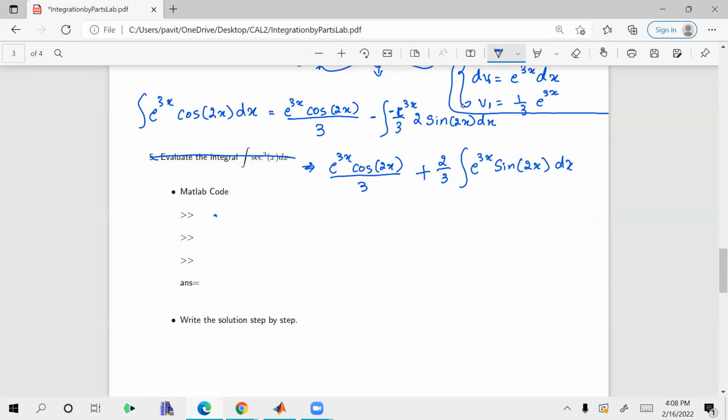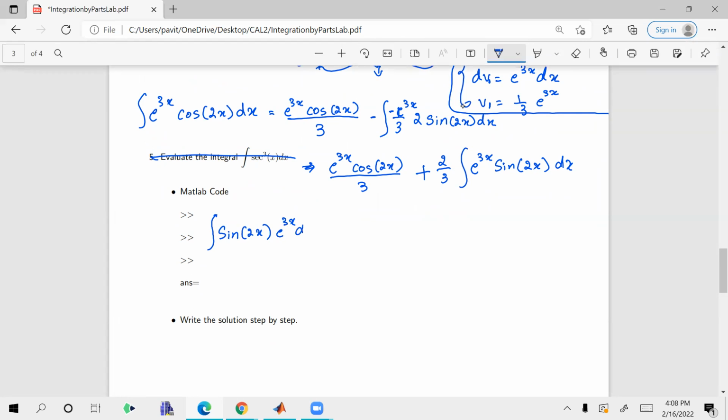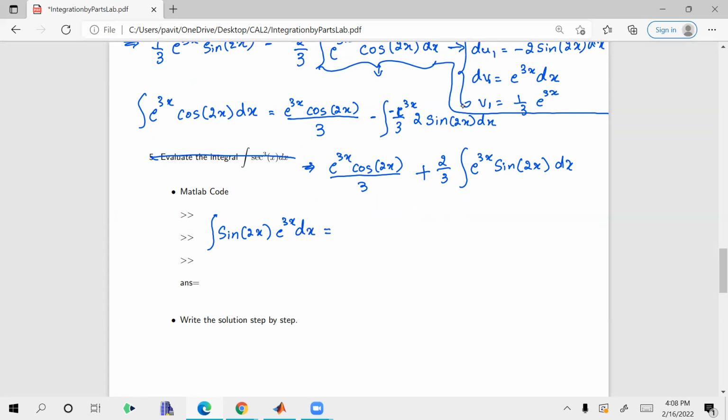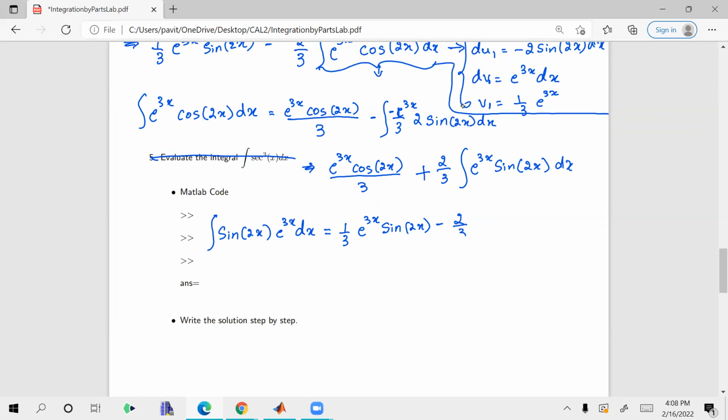The first question which we had was the integration of sine of 2x e to the power of 3x dx, right? Equal to 1 over 3 e to the power of 3x sine of 2x minus 2 by 3, and we had this integral, right?